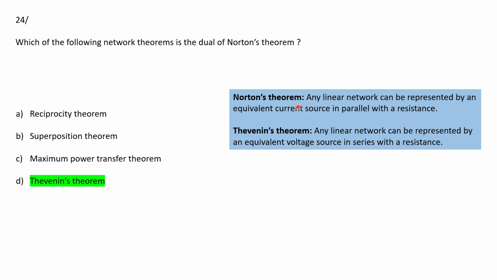Okay, so Norton's theorem says that any linear network can be represented by an equivalent current source in parallel with a resistance, whereas Leibniz's theorem says any linear network can be represented by an equivalent voltage source in series with a resistance. So here the dual of Norton's theorem can be Leibniz's theorem. So option D is the correct option here.